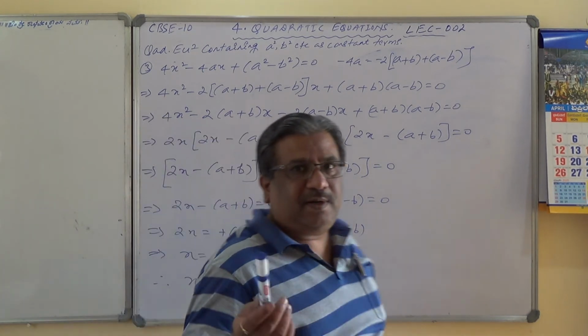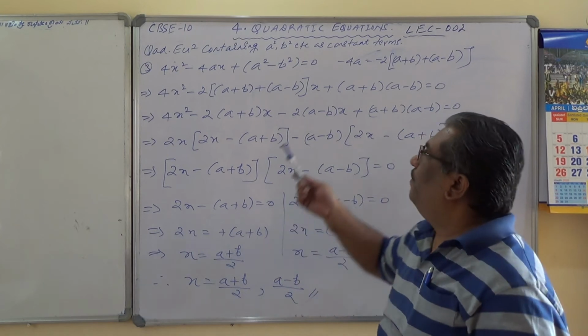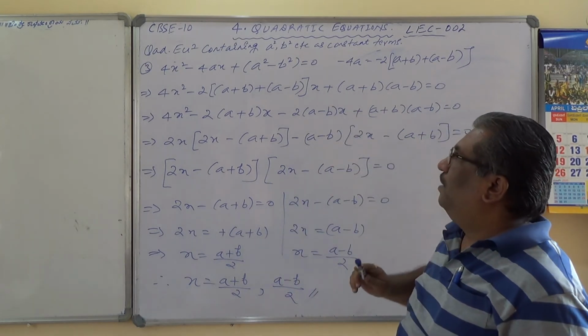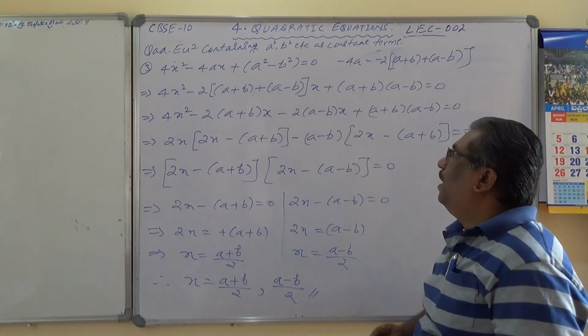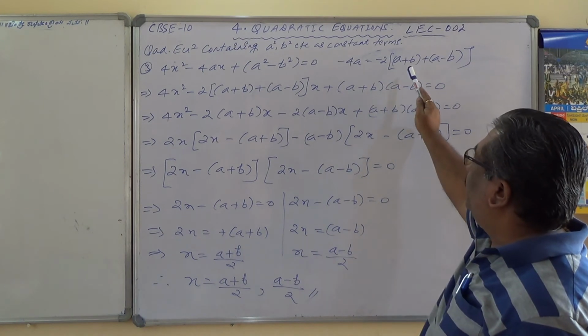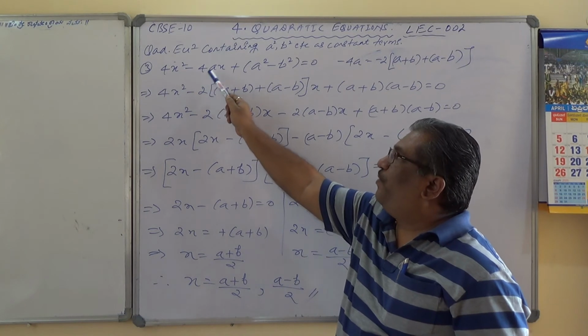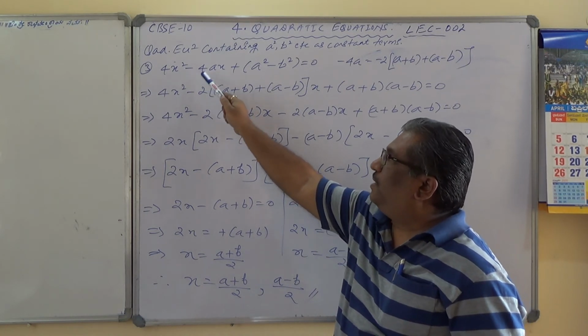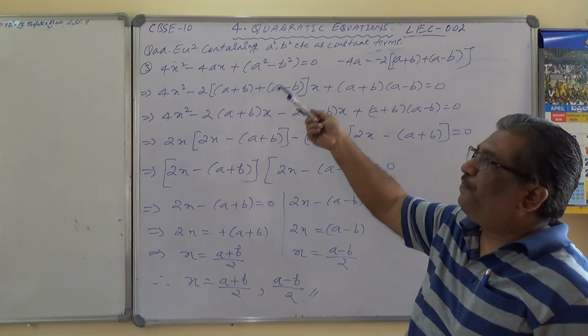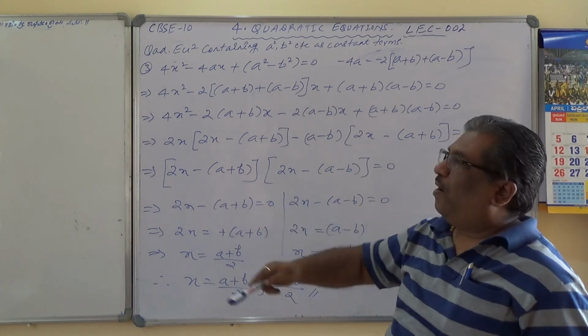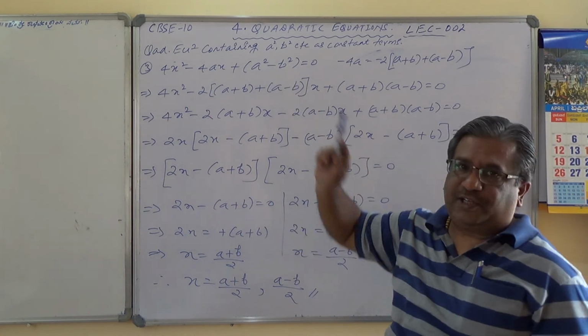I hope you are able to understand what I am doing here, mainly there is a lot of manipulation. Dear students, ultimately what was my objective over here? Expressing the middle term's coefficient of x, which is minus 4a, in terms of addition or subtraction of the factors of the constant term.